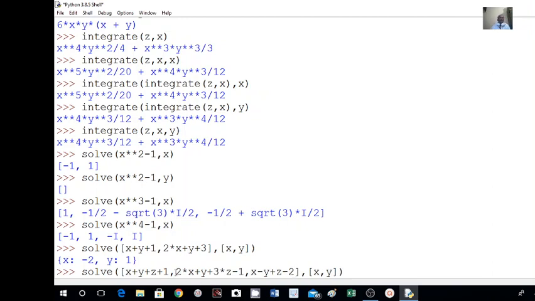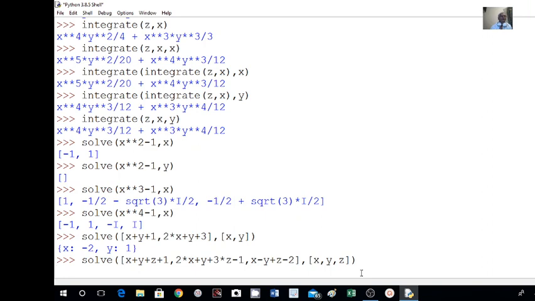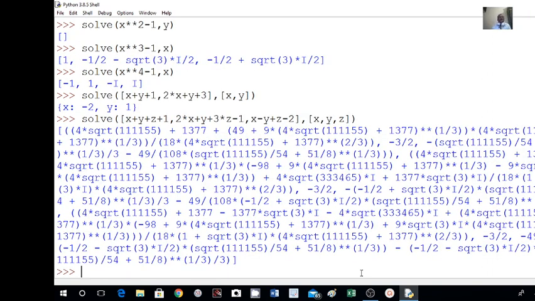Okay, x plus y plus z plus 1 equal to 0, 2x plus y plus 3z minus 1 equal to 0, x minus y plus z minus 2 equal to 0, in terms of x, y, z. Now if I execute this one, it is taking too long. I think this may be a complicated one. Okay, I will take a simple one.